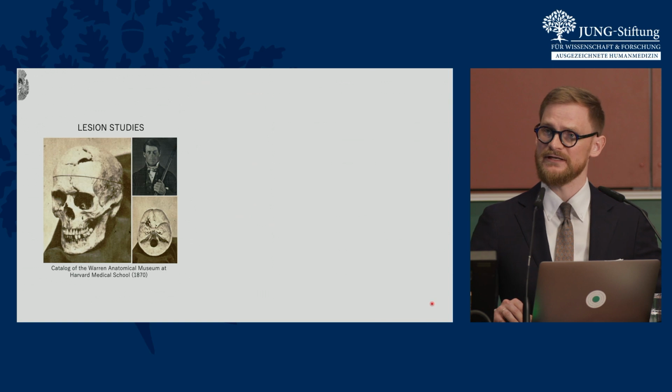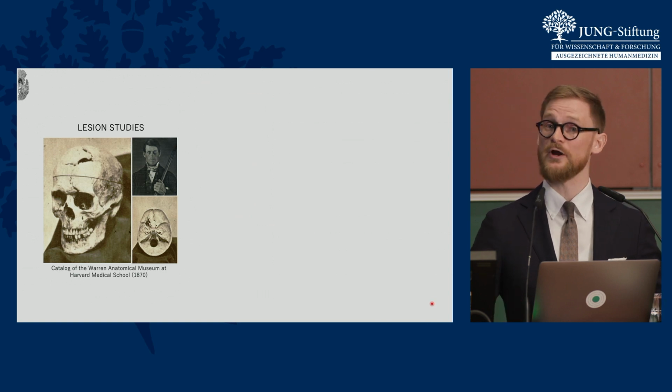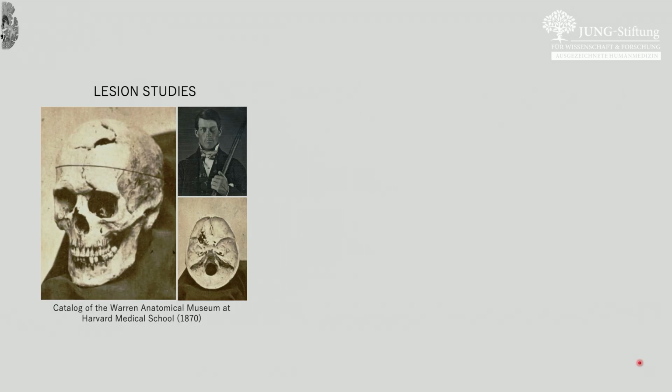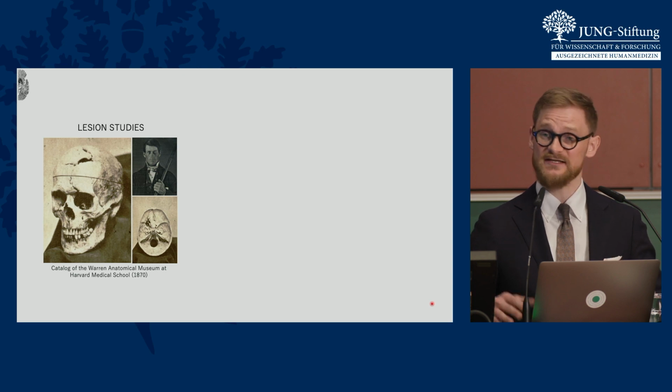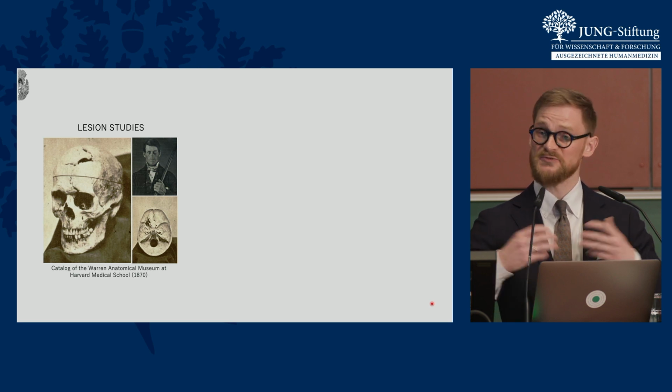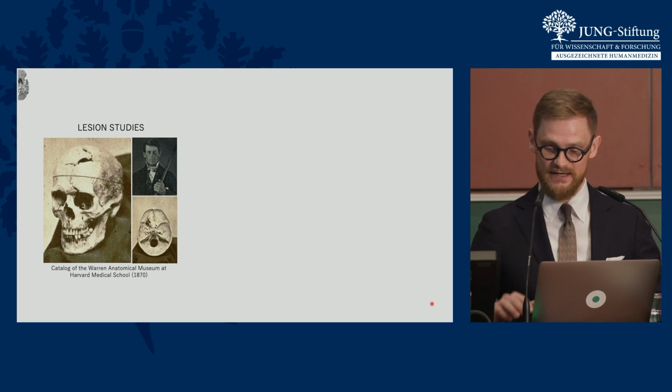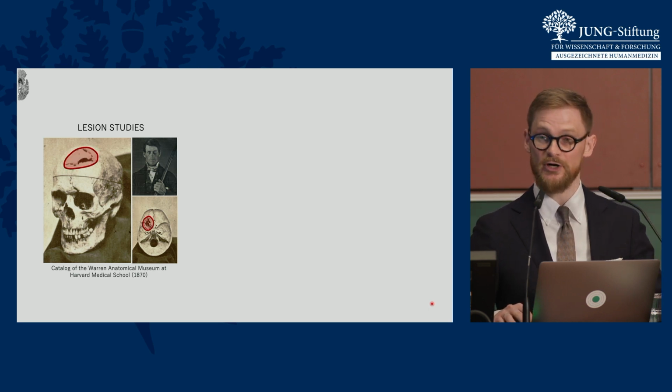And I need to give you a little historical throwback with maybe one of the most prominent examples of a lesion case in history. And this is the patient Phineas Gage. He was a railroad worker in the 19th century in America, and he suffered a terrible accident, an explosion that drove a metal rod through his eye and through his skull, damaging the frontal part of his brain.